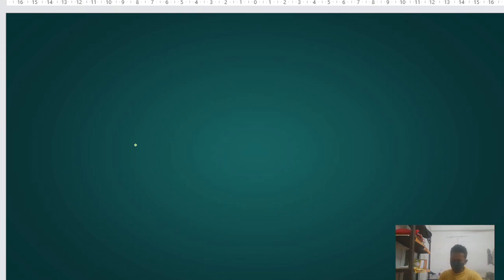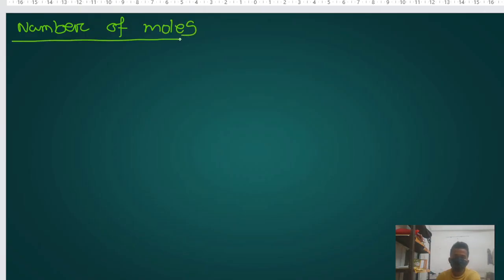It is the last term, that is number of moles. What is number of moles? Let's see here. Let's suppose 64 grams of oxygen molecule is given to you, and the question is asking to find the number of moles.